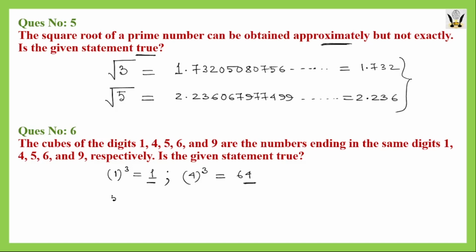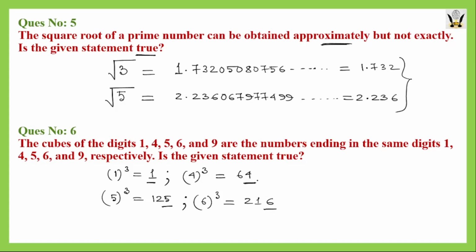Now if we take 5 and its cube value, then 5 5s are 25 and 25 5s are 125. That means again at units place the digit is 5. Similarly, if we take 6, it will be 216, and at units place again the digit is 6.